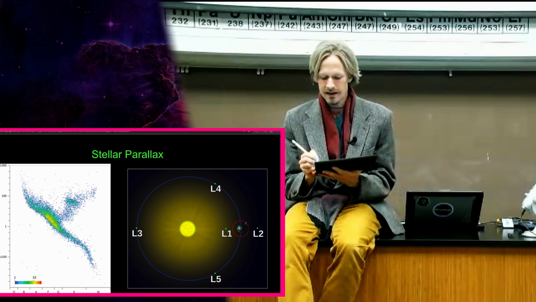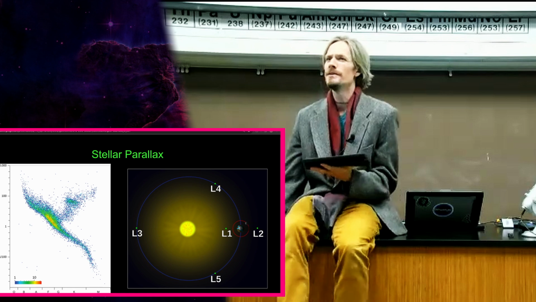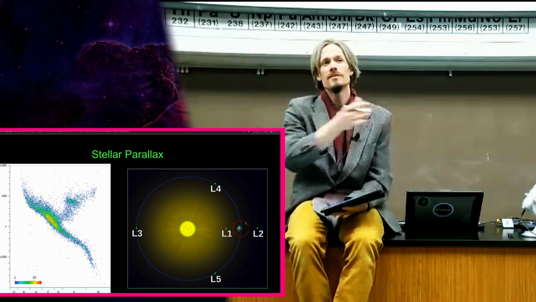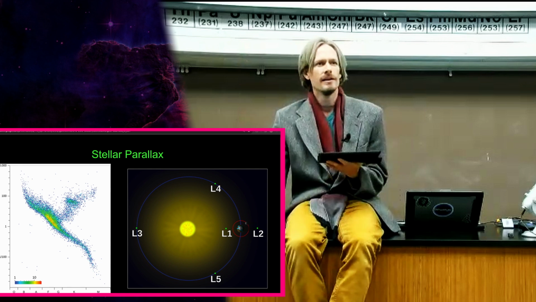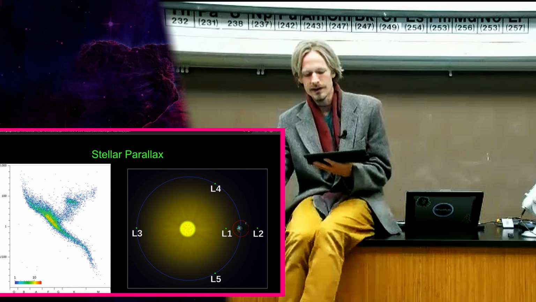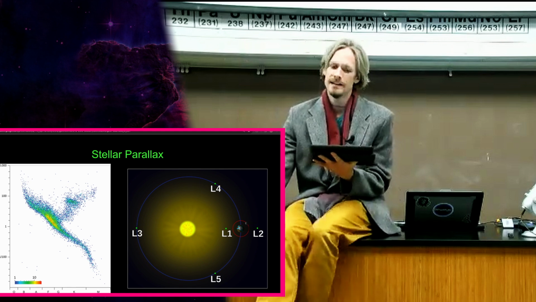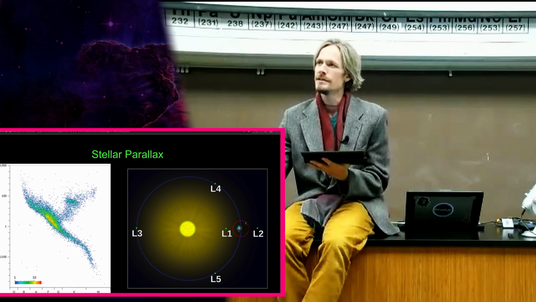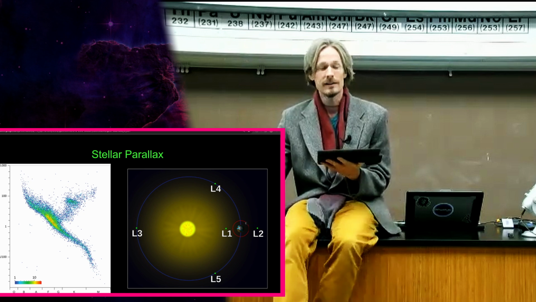The first satellite that was appreciably able to measure serious parallaxes, using the huge baseline between the Earth at different points in its orbit, was called the Hipparcos satellite. That was in '89, and it was only able to measure a few thousand stars out to a distance of about 300 light years.